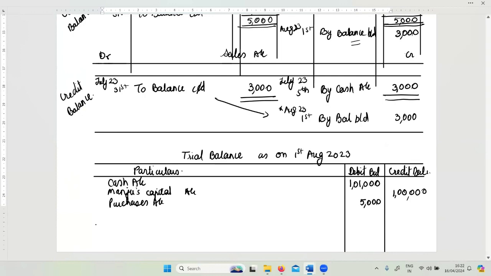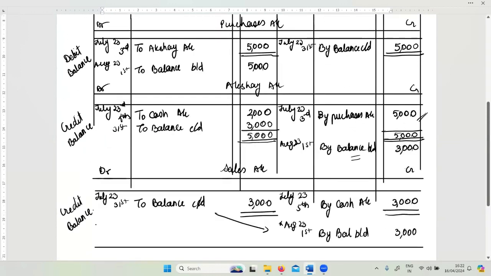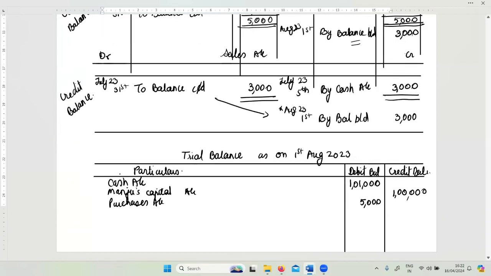The next account is Akshay's account. Akshay's account has a credit balance, so on the credit side I will write 3,000. And finally, I have the sales account. The sales account also has a credit balance, so on the credit side I'm going to write 3,000.